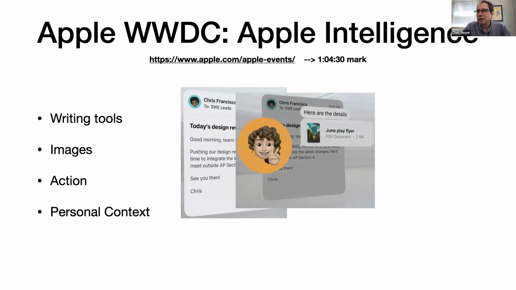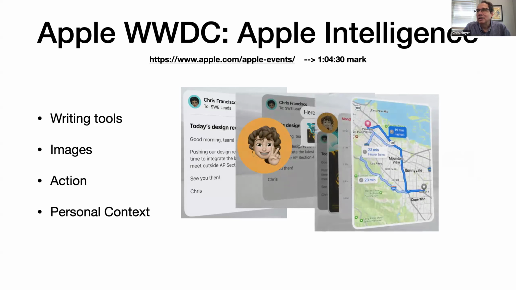Here are the details. It's in a PDF. And it's going to say, okay, you need to be at point A at this spot and point B at this spot. And here's how much time you have to get from point A to B and how long you can stay in your meeting. And so it can work all that stuff out for you, know who your kid is, know where your kid wants you to be, know what time your kid wants you to be there, and what are the logistics in getting from A to B. And so it's just interesting stuff.